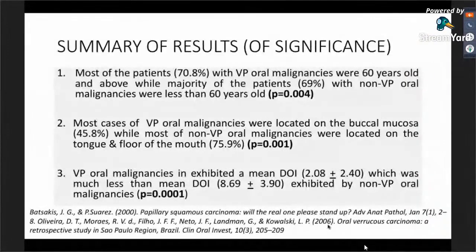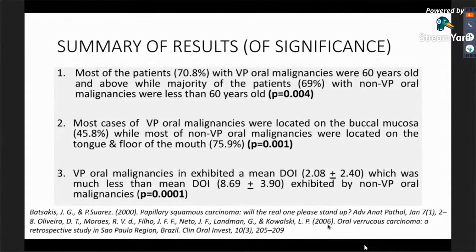So, summary of results of significance: 70.8% of patients with verrucopapillary oral malignancies were 60 years old and above, while the majority of the patients with non-verrucopapillary oral malignancy were less than 60 years old. Most cases of verrucopapillary oral malignancies were located in the buccal mucosa, while most of the non-verrucopapillary oral malignancies were located in the tongue and floor of the mouth.